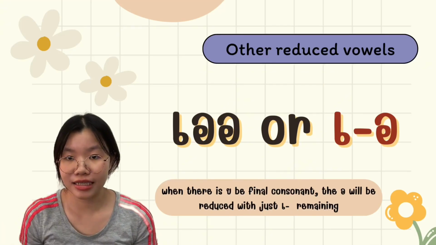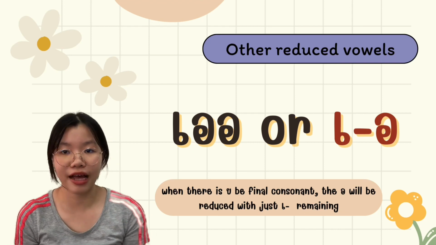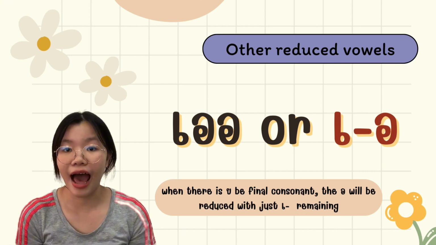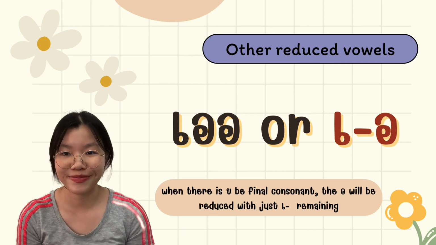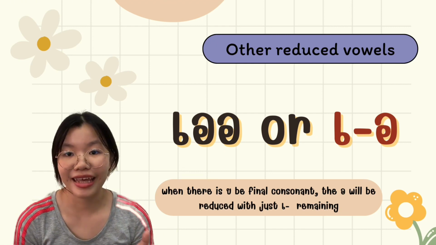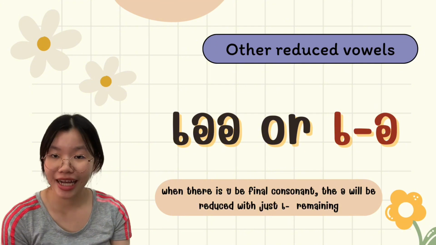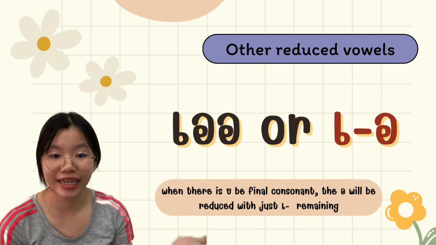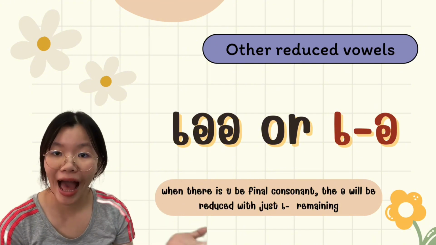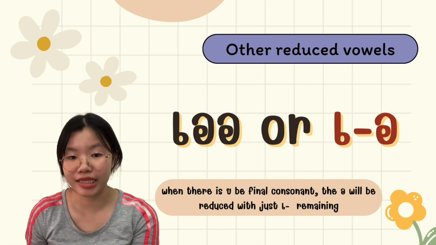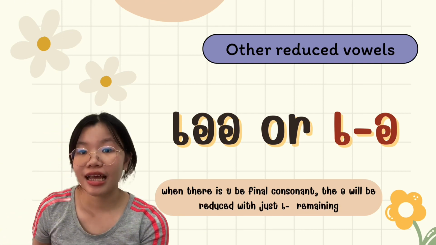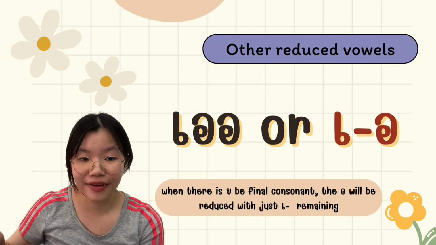Next, สระเออ. Repeat after me. When there is a ยอยักษ์ as a final consonant, the vowel will be reduced with just สระเอ remaining.